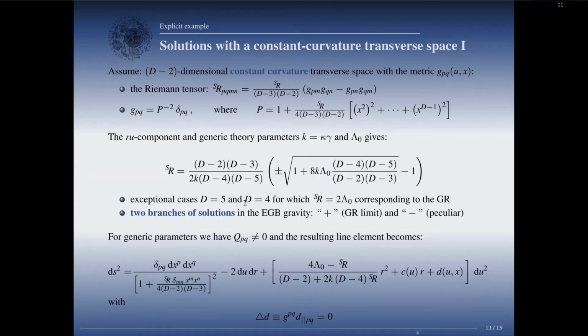Yes, d is the total number of dimensions. But in 4 dimensions, you will obtain exactly GR, because there is no Gauss-Bonnet contribution. And what's interesting, that also in d = 5, in this case, you will effectively deal with the Einstein theory.